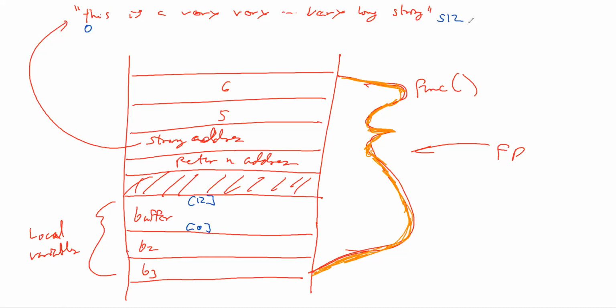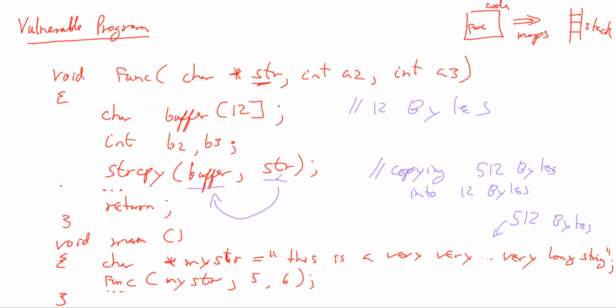So if I go back, what we're doing now is copying that 512 into buffer, that space. But the problem, and here's the really important thing, is that string copy does not care to measure if the size where I'm writing to meets the size of the thing I'm reading.